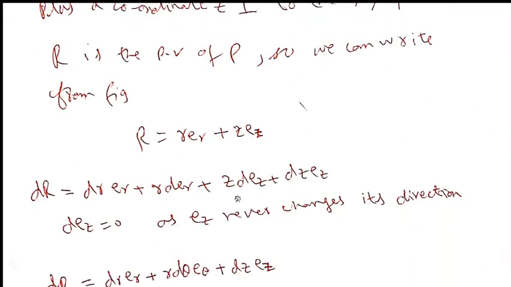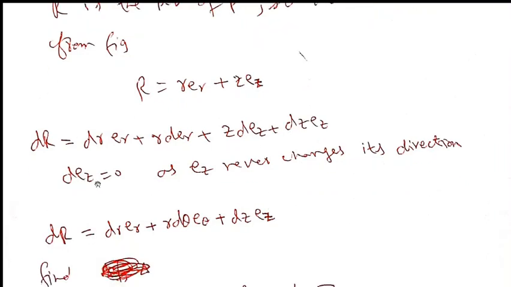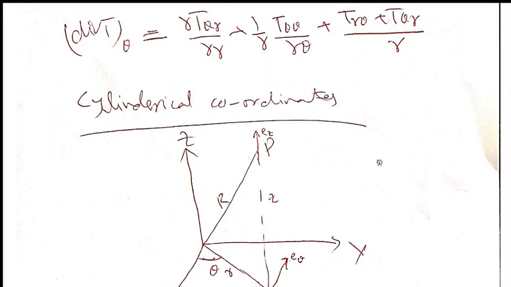So what would be its differential? The differential of R is dr er plus r der plus z dez plus dz ez. Now this dz ez term will be 0, why? Because ez never changes its direction. What does this mean? If you have point P here, the direction will be along the z-axis.